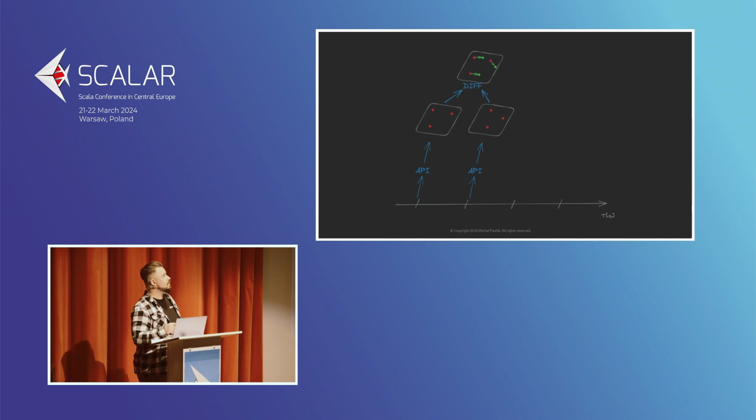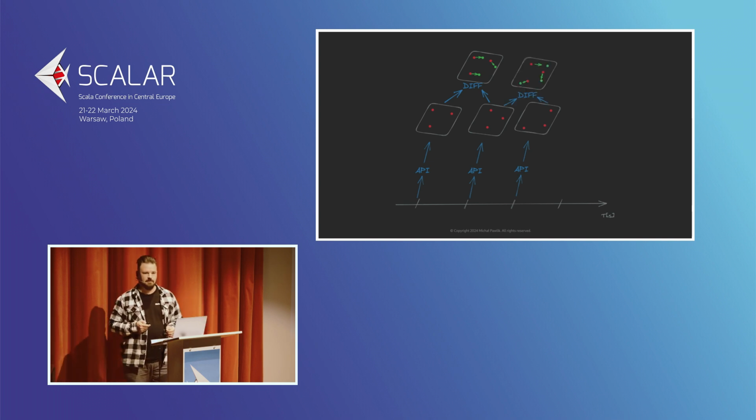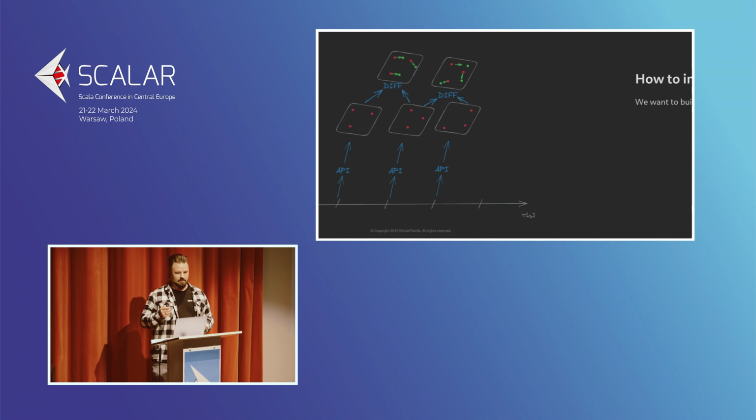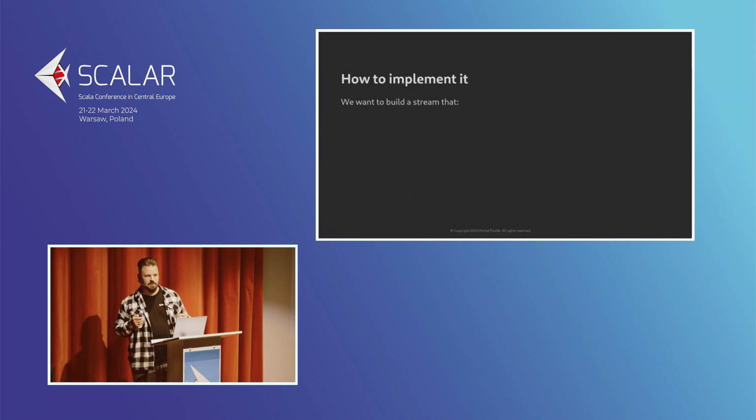So this is what we do. We will produce a list of movements of specific vehicles, right? And now, sliding, as you can imagine, by 2, we will execute another API request and produce another diff. That makes sense, hopefully. So let's think of how we can implement that in terms of FS2 streams.